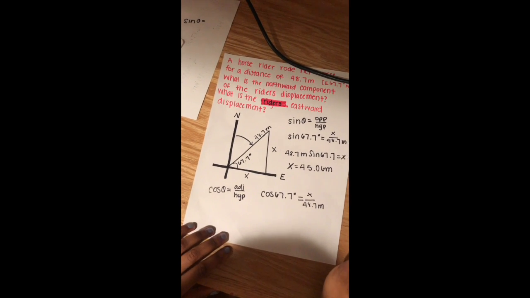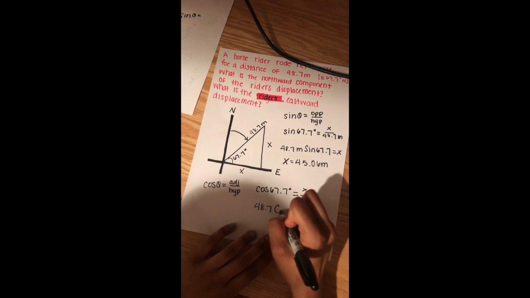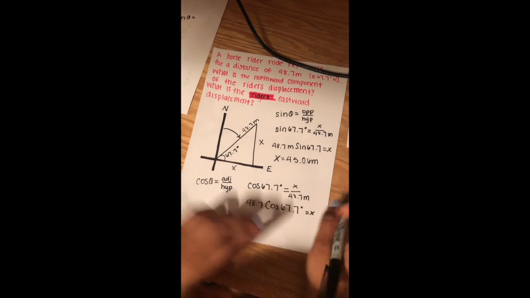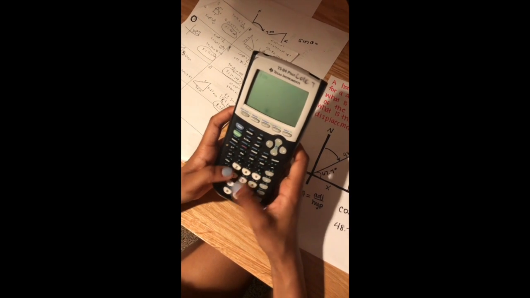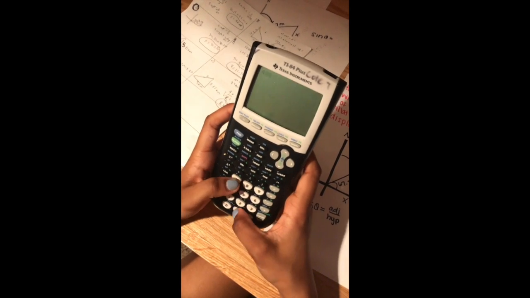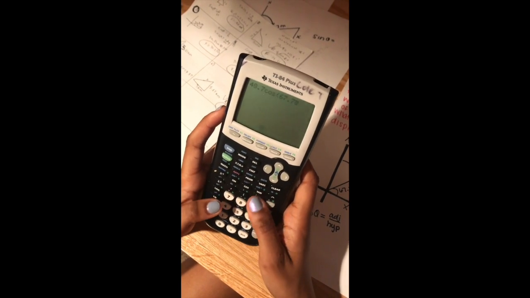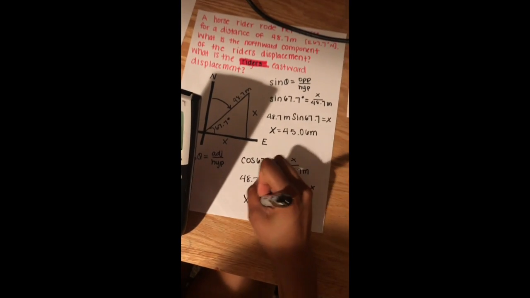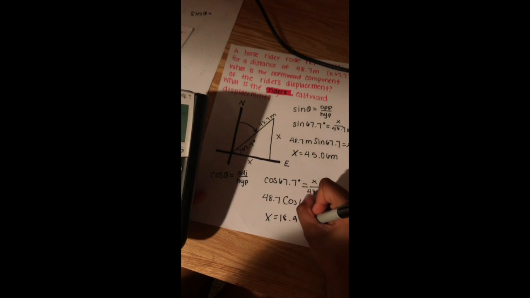Then you multiply 48.7 times the cosine of 67.7 degrees and plug it in your calculator. That equals 18.48 meters.